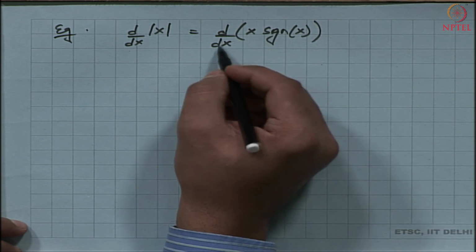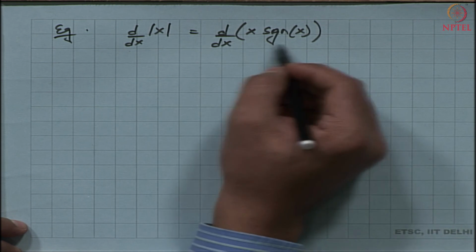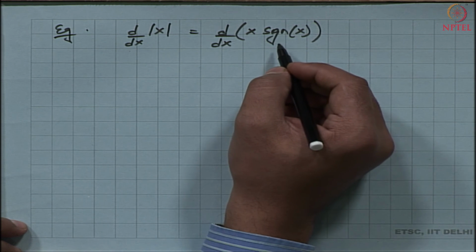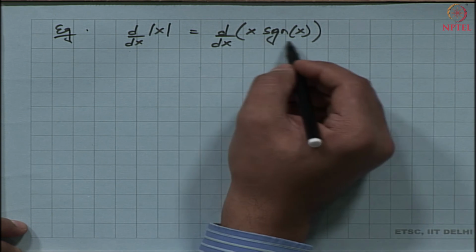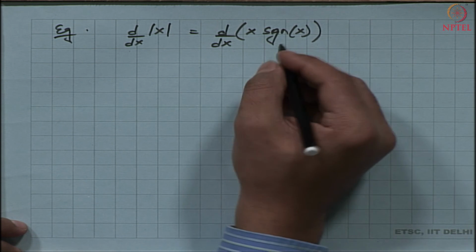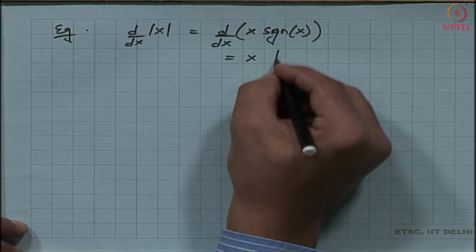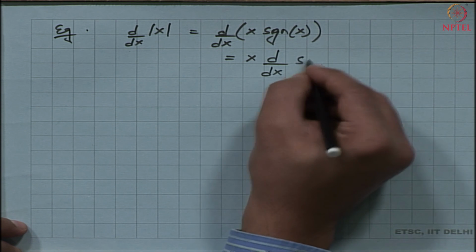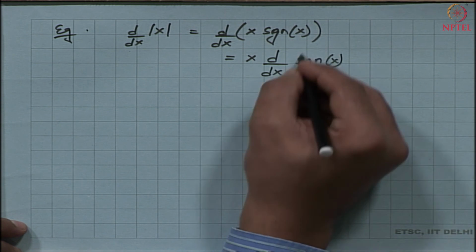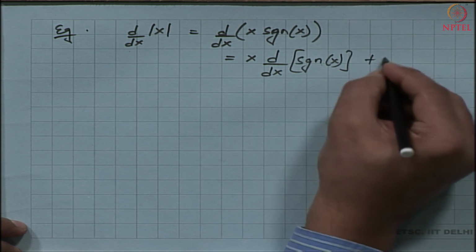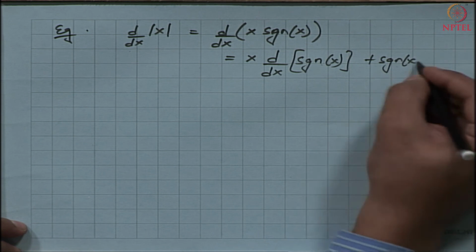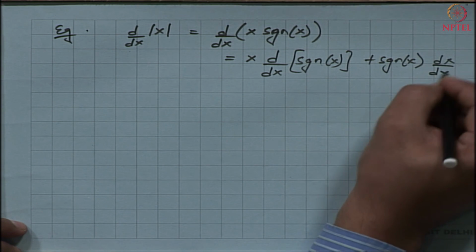So, we can use our product rule here, well, with some caution. So, this will be equal to x times d dx of sign of x plus sign of x times dx dx, right.